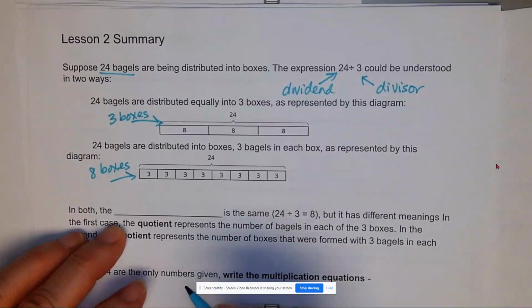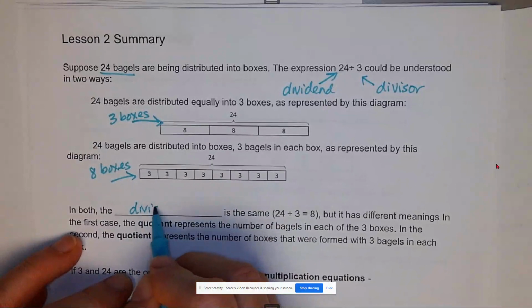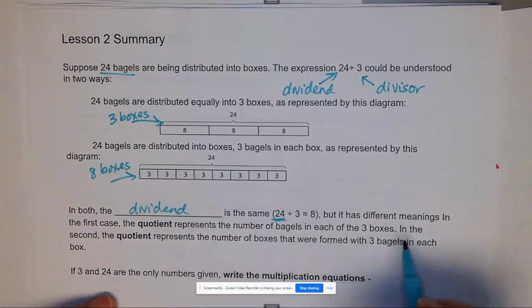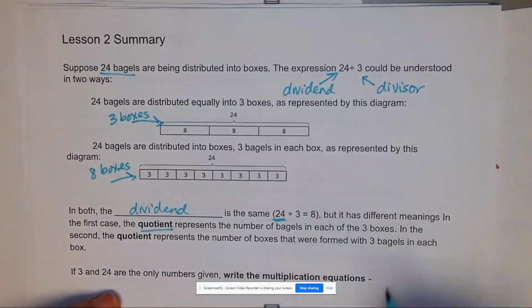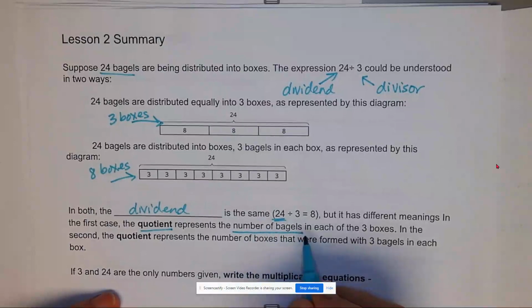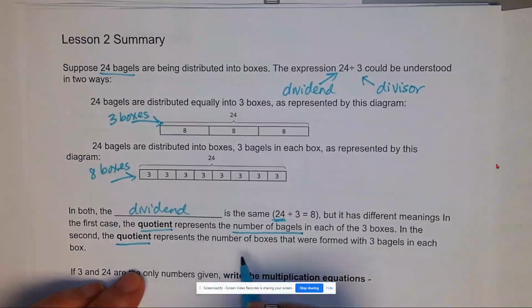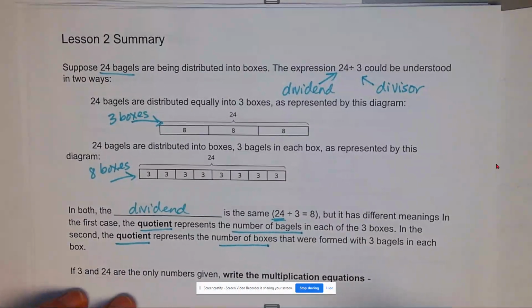In both of these descriptions, the dividend is the same. They all start with 24, but it has different meanings. The quotient for the first problem tells us the number of bagels in the boxes, which is 8. The quotient in the second problem tells us the number of boxes, which was 8.